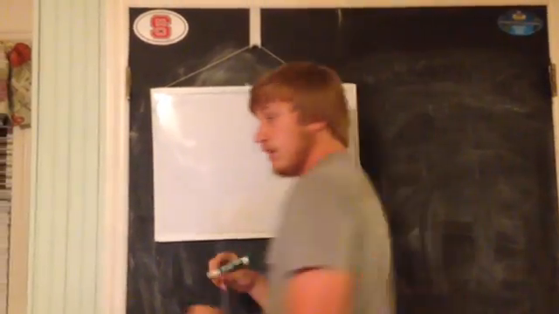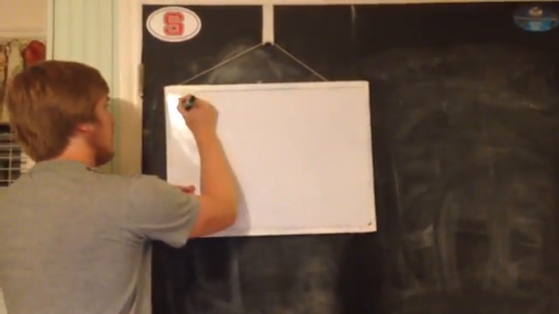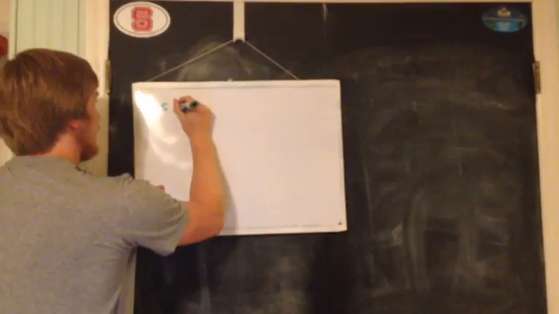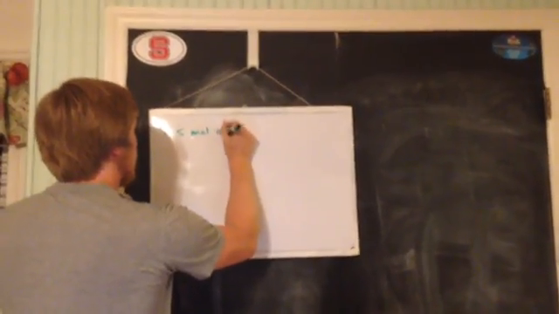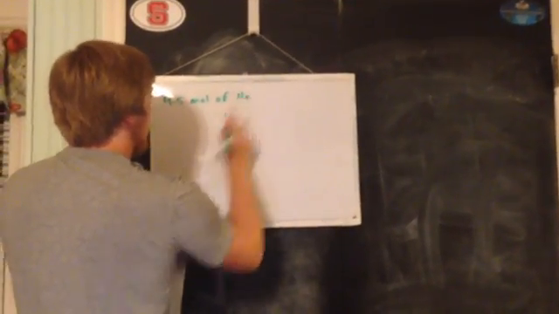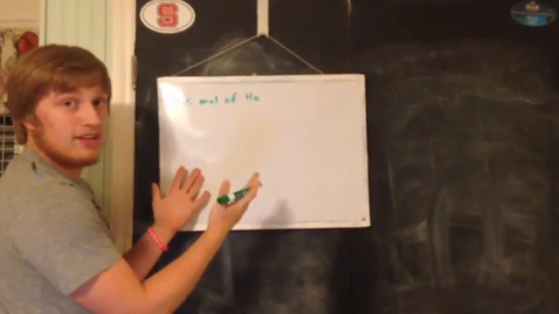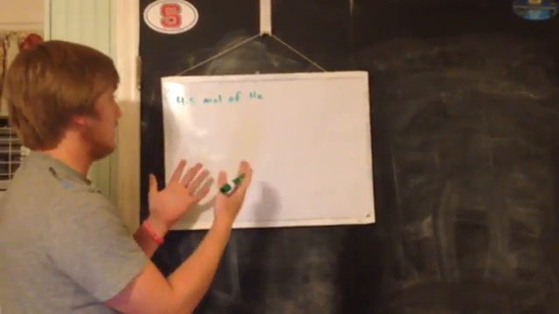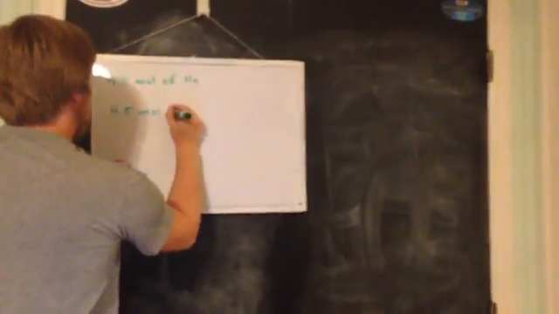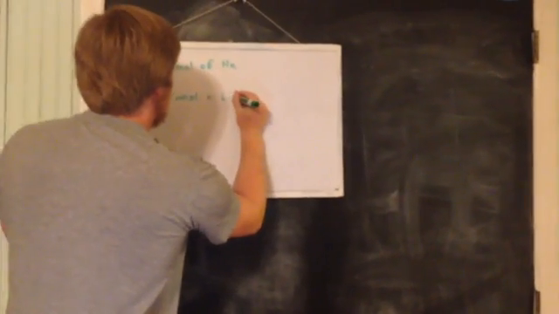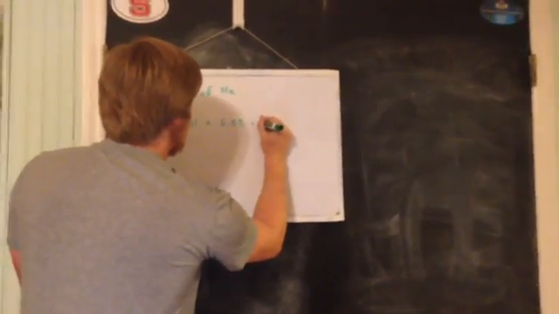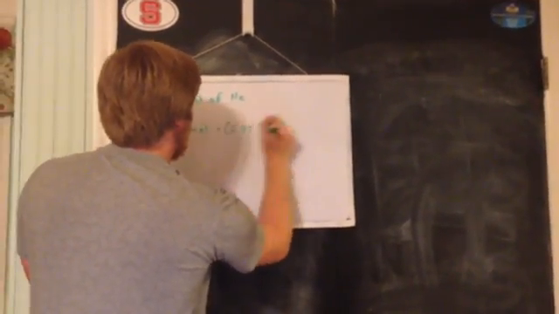Alright, now I'm going to show you an example problem of how you would use the chart in this situation. So let's say you were given 4.5 moles of helium, and you want to see how many particles that amount of helium would have. So what do you do? You take 4.5 moles and you multiply that by 6.02 times 10 to the power of 23.